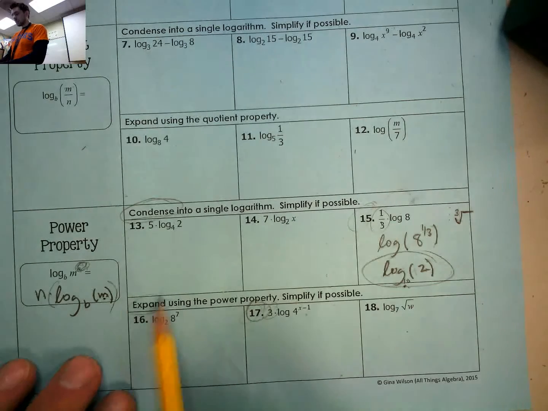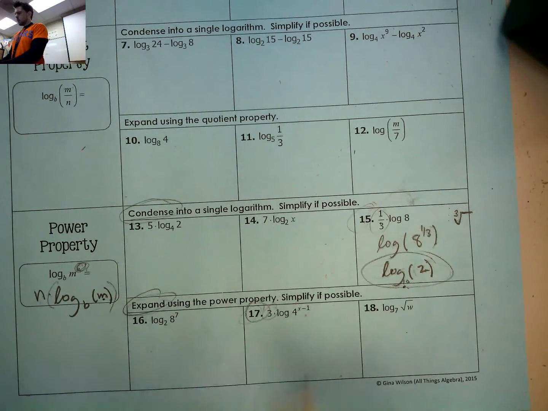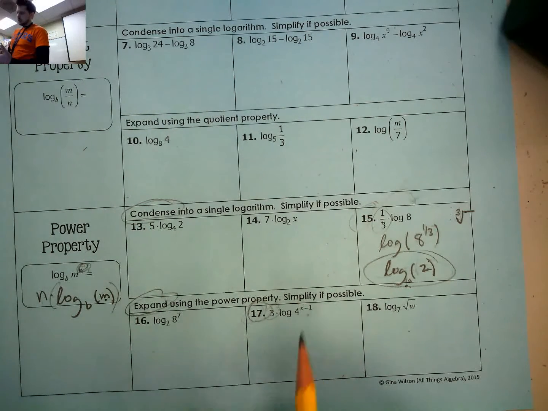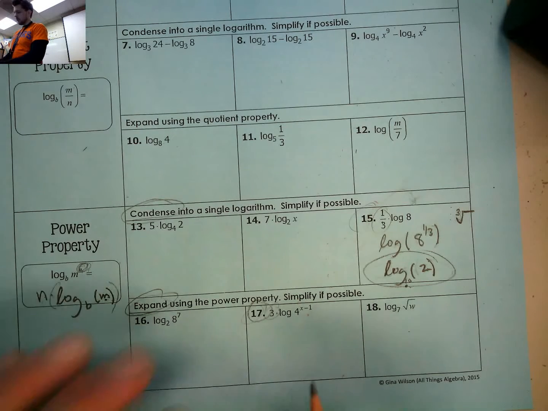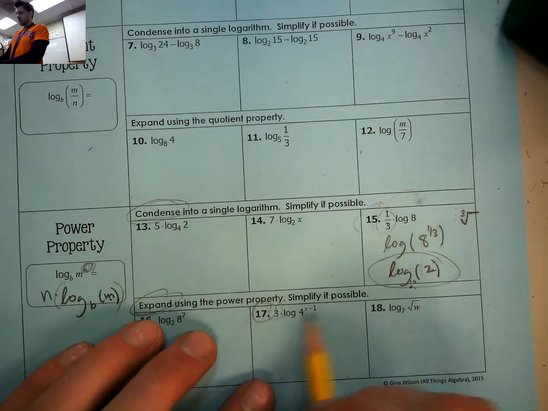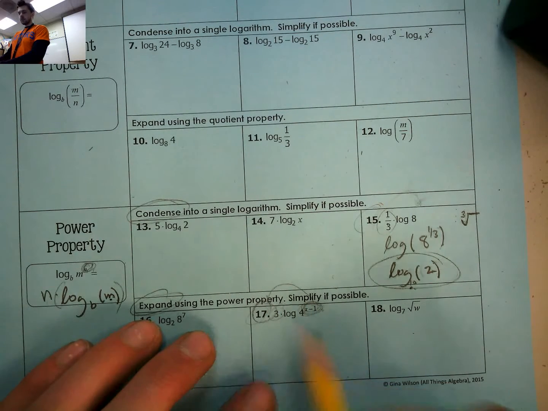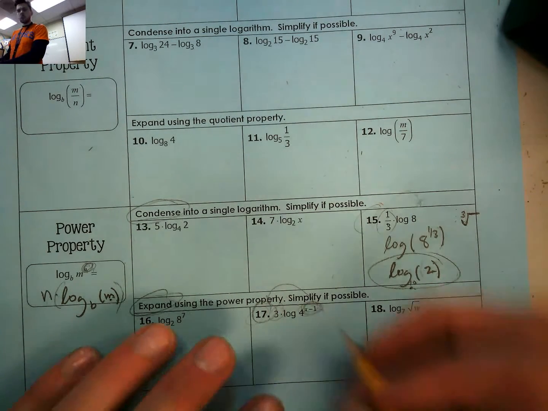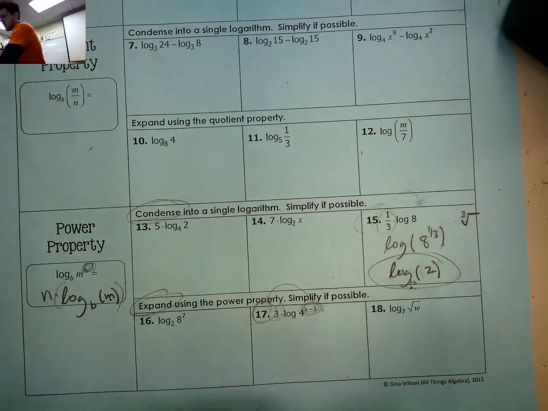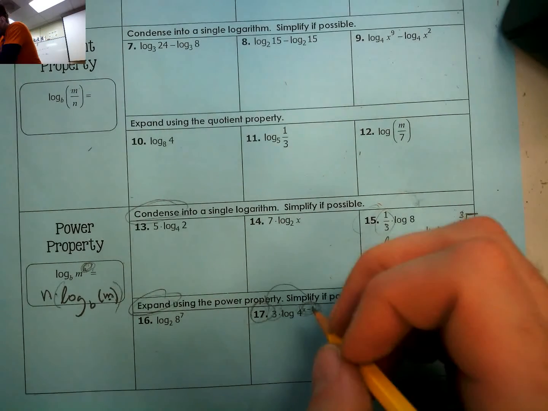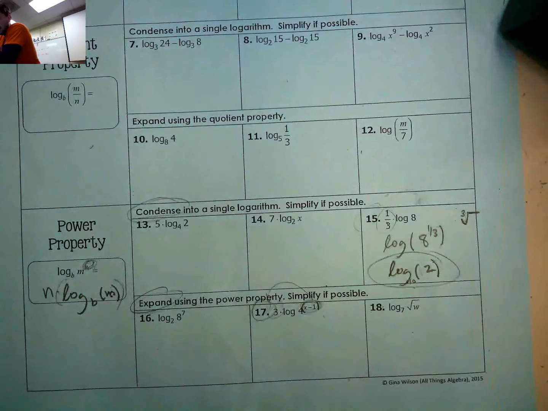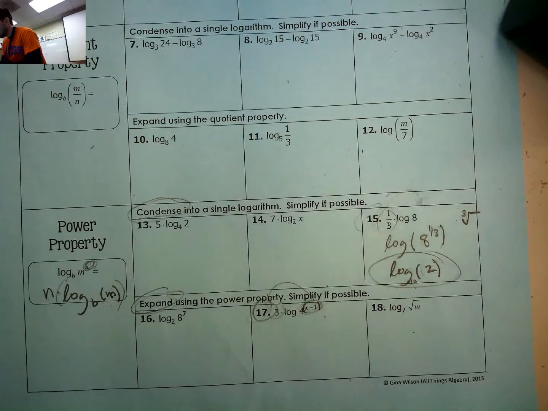17. This one's asking us to expand. This one threw me off a little bit when I was helping some of you, but we worked through it. Expand means let's get stuff out of this exponent. Let's move it out front. But there's more than one thing, right? There's an x and a -1. We're going to put all of that out front.